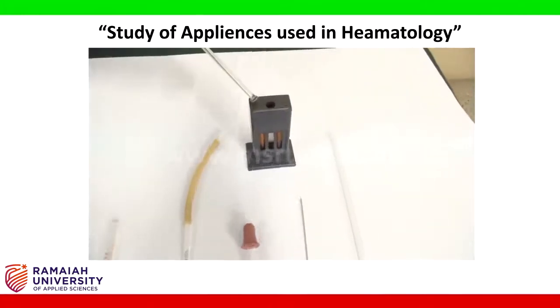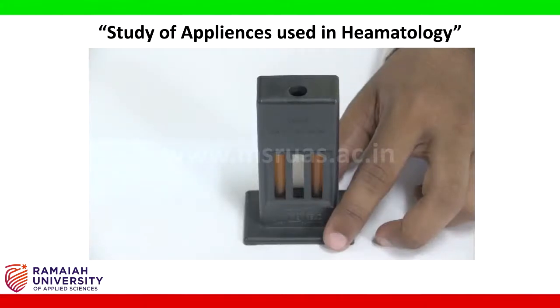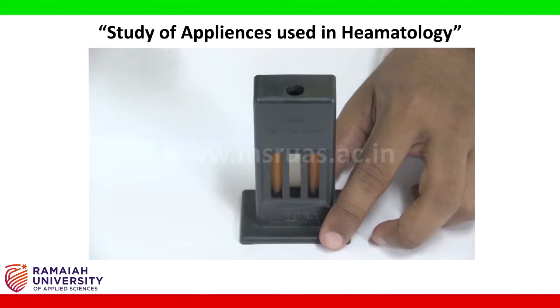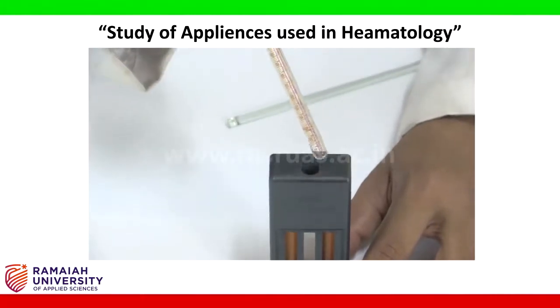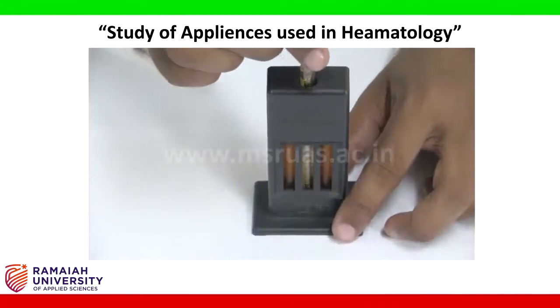And hemoglobin comparator. This is the hemoglobin comparator. It is a rectangular box with a slot in the middle which accommodates the calibrated hemoglobin tube.